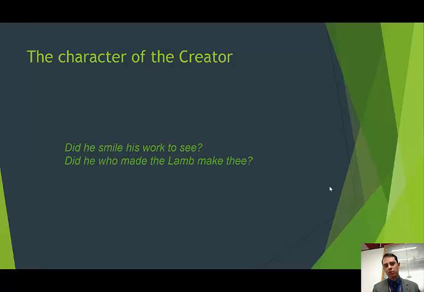And if that's true, then what does it say about the Creator that he likes creating things that are violent? What does it say about the character of God? This is where it's a challenge to traditional understanding of God.